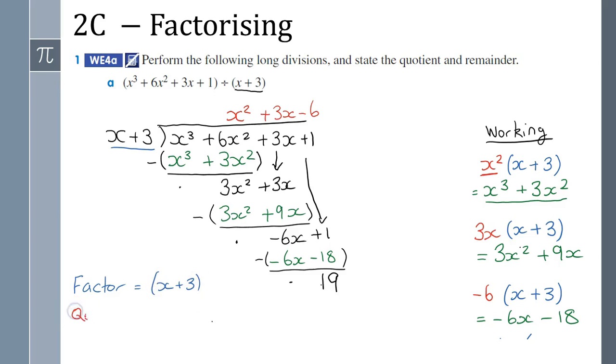Our quotient is x squared plus 3x minus 6. I did just spell check that, don't worry, it's right. And my remainder is this part here, which is 19.